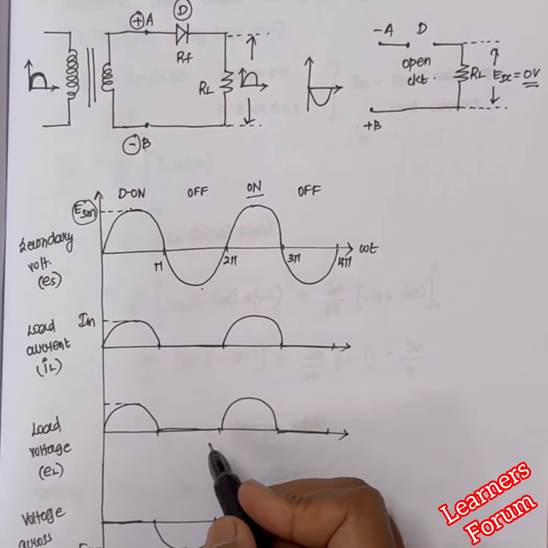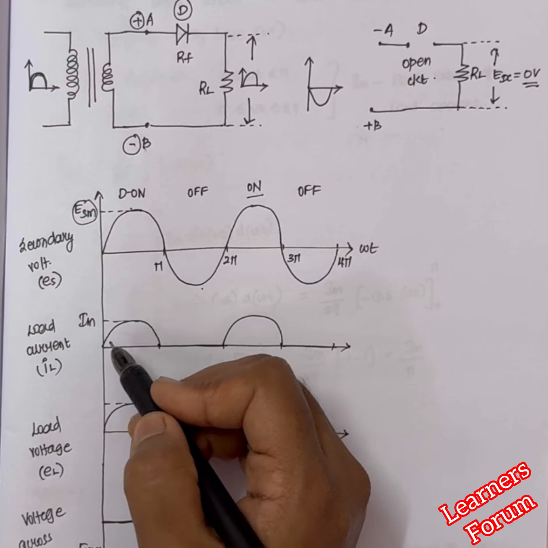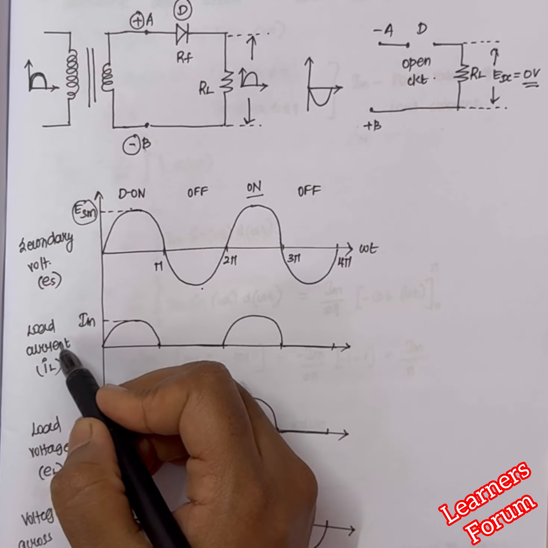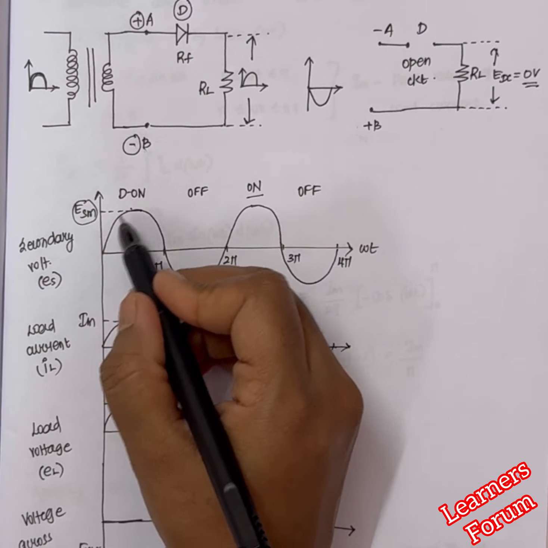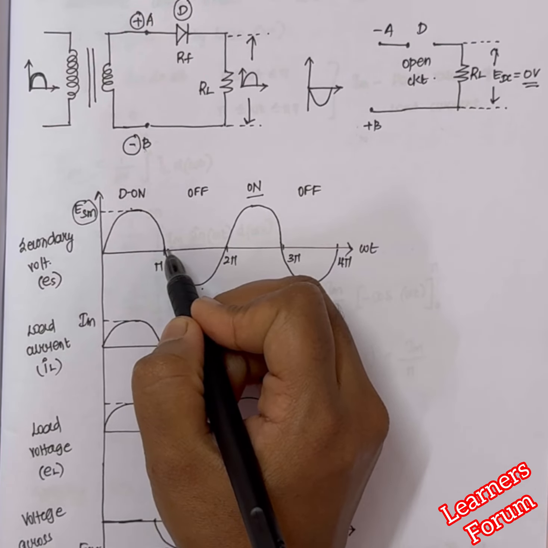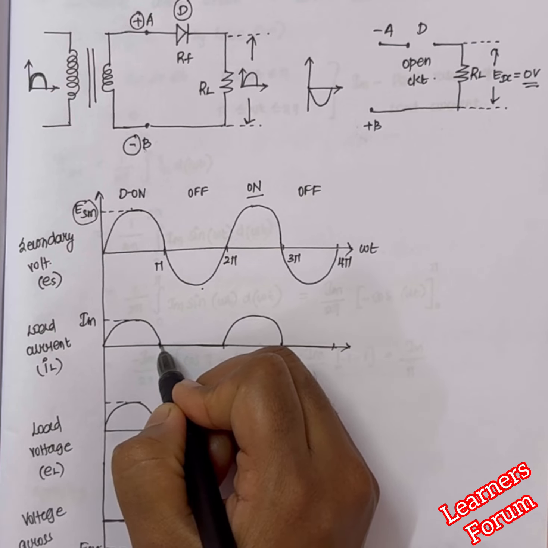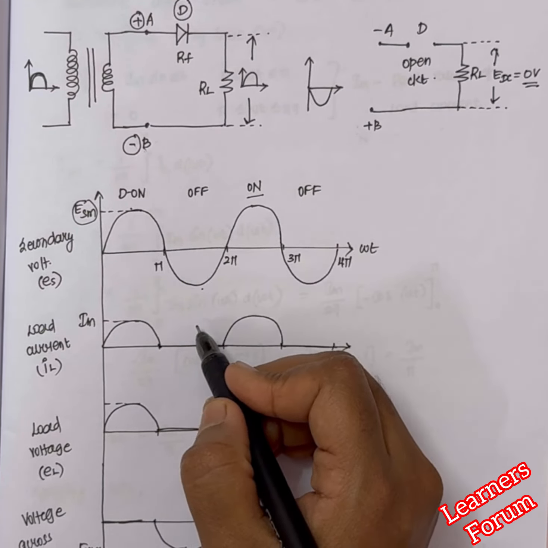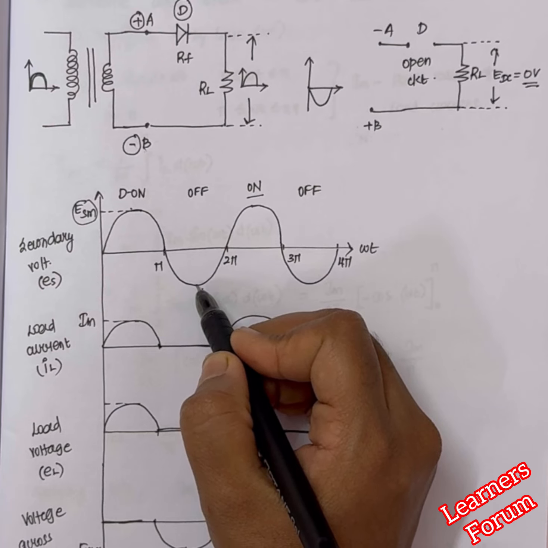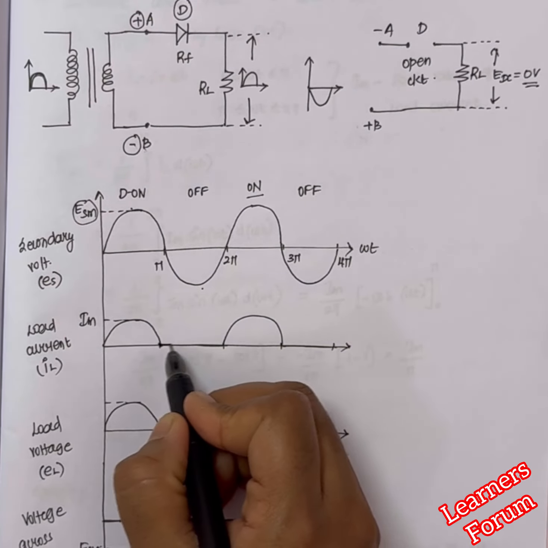Whenever this process occurs, we are calculating the value of load current and load voltage now. Load current, in the sense we are calculating here, means that whenever it is under positive half cycle, the diode will conduct, so we will get the required value of signal over here. Next, it is under negative half cycle. Whenever it is negative half cycle, the diode will be under open circuit condition, so we will get a 0 value.